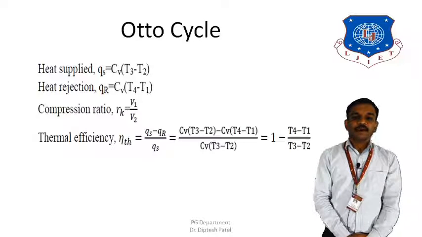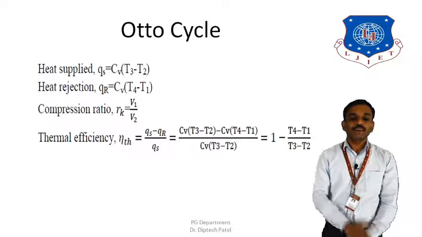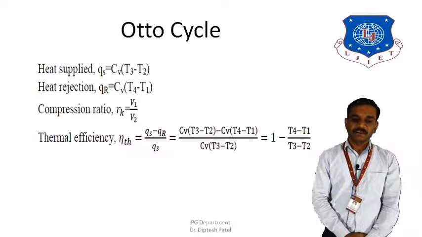And therefore, if I want to calculate the thermal efficiency, I would say thermal efficiency is equal to output divided by input. Now our output would be the amount of heat that is being supplied minus the amount of heat that is being rejected, so Qs minus Qr, and our input is the heat supplied Qs.